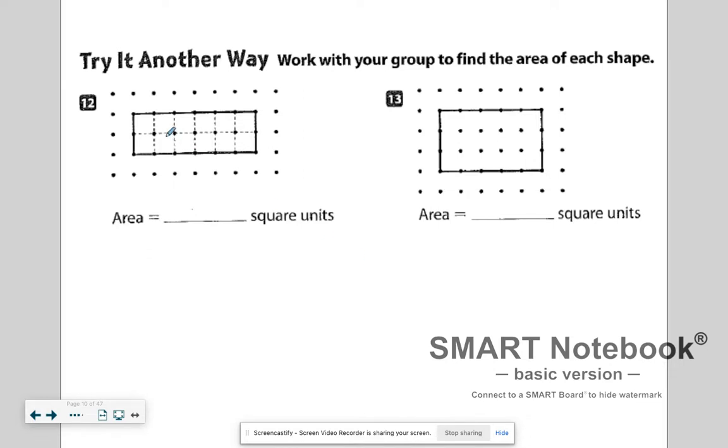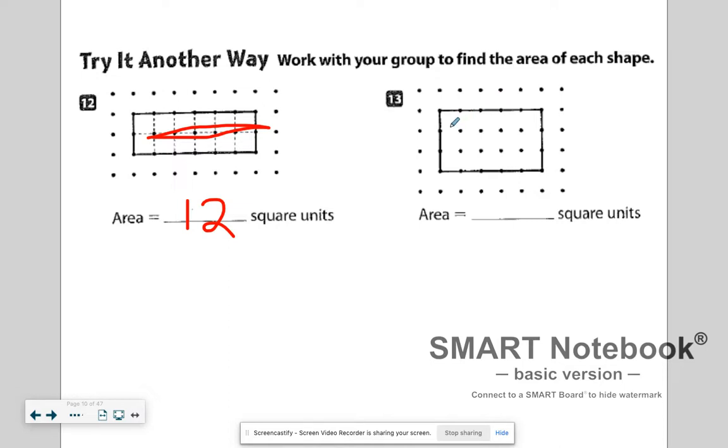Okay, guys, all you had to do was count the squares on the inside. Remember last week we worked on filling in these squares. So I hope here you found it was 12 square units.